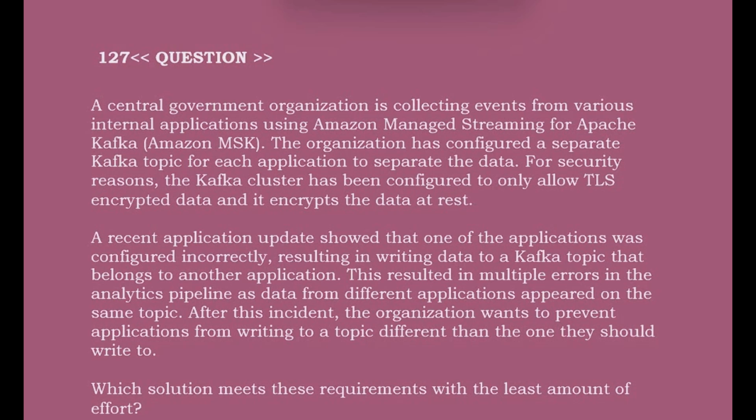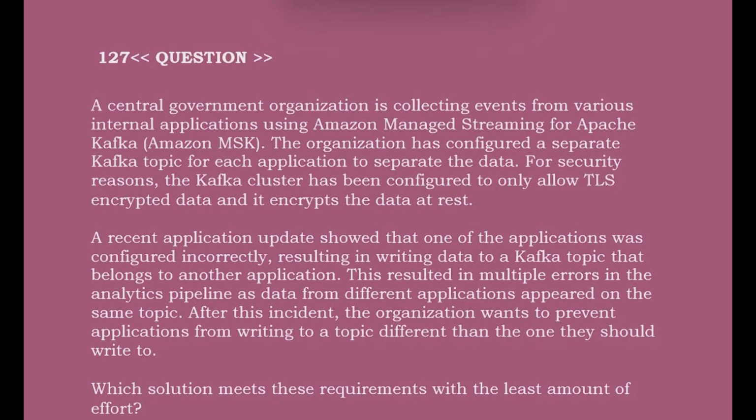For security reasons, the Kafka cluster has been configured to only allow TLS encrypted data and it encrypts the data at rest. A recent application update showed that one of the applications was configured incorrectly, resulting in writing data to a Kafka topic that belongs to another application.